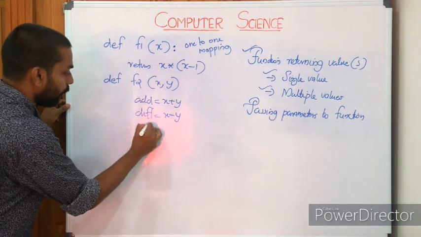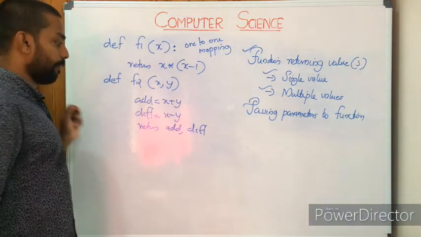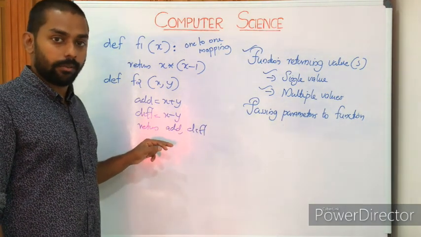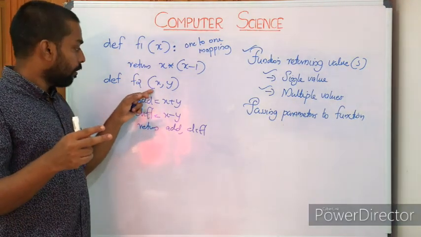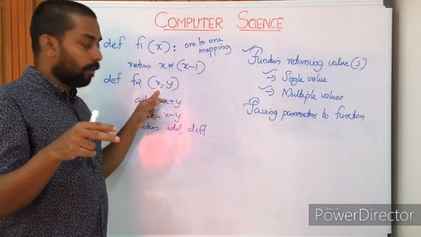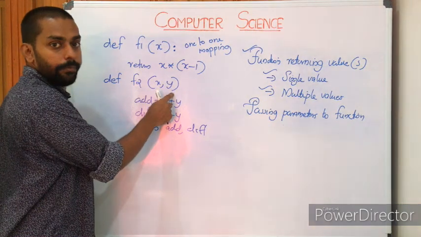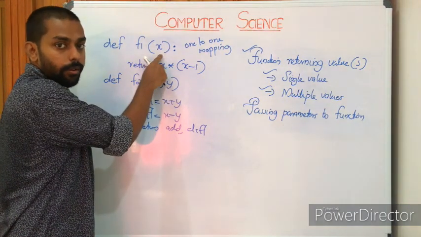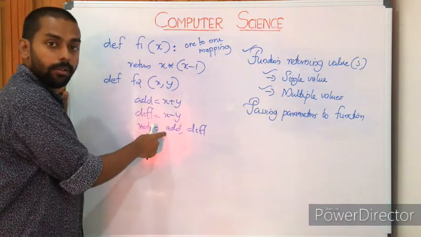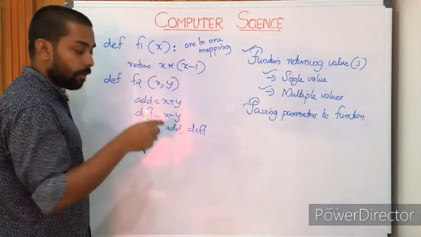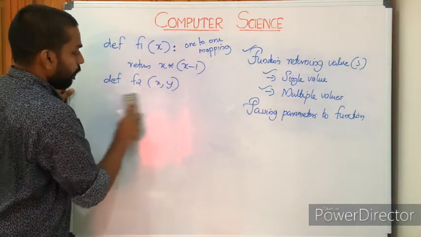Then we can return both add and diff. So here is an example of a function having two formal parameters, x and y. In the first case we had only one. In the second case we have two parameters, and the function returns two values, that is two results, add and diff.